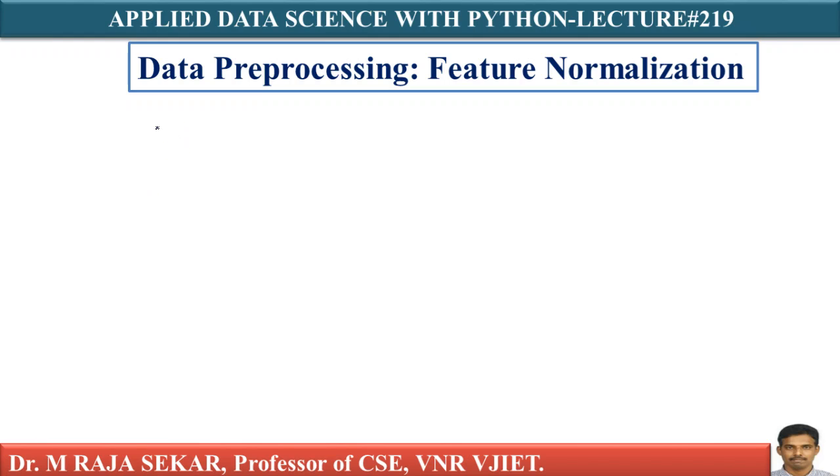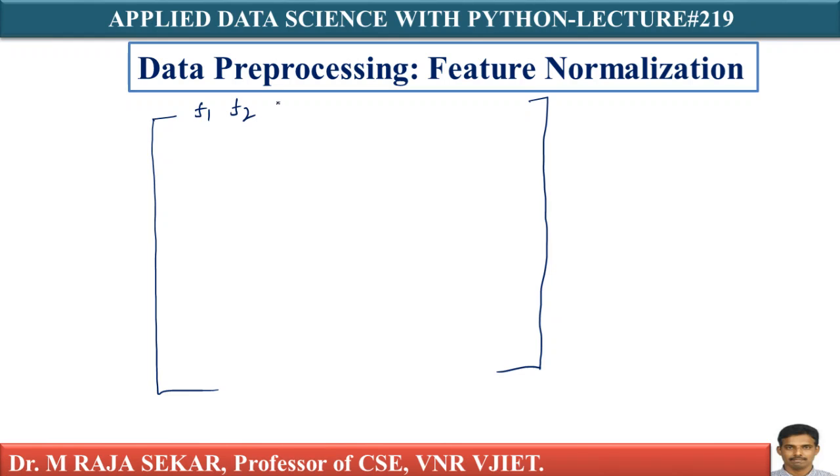Let me rewrite this particular matrix. This is my matrix. Let me say what the features are. F1 is a feature, F2 is a feature, F3 is also a feature, and so on. Let me say there is a jth feature, Fj, and so on, and a dth feature, that is Fd.